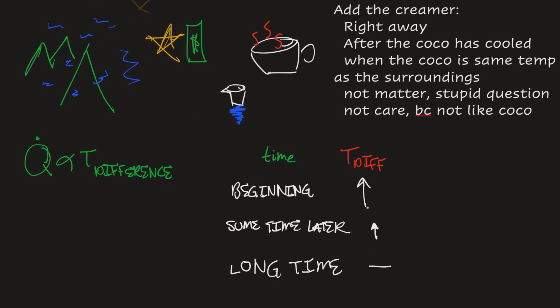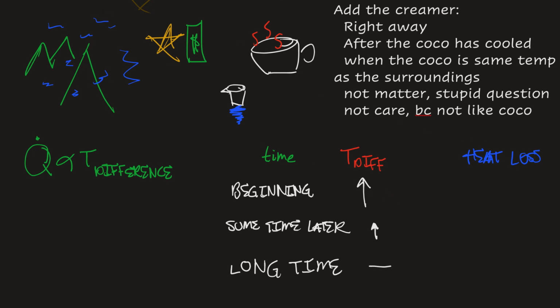Because the temperature difference is greatest at the beginning, this is going to cause the most amount of heat loss. So if we add another little column here, heat loss, it's going to be proportional to the size of the temperature difference.